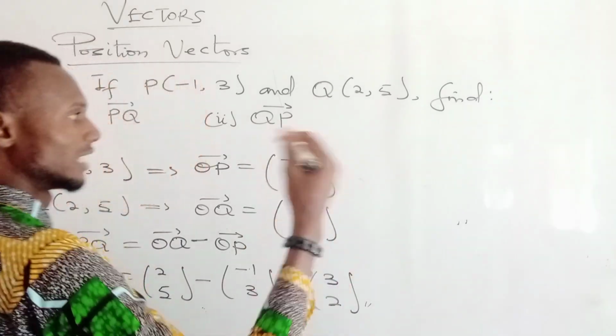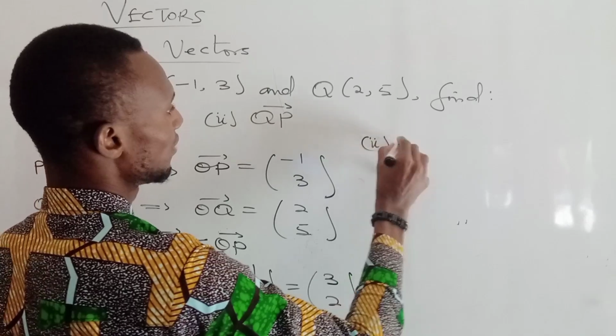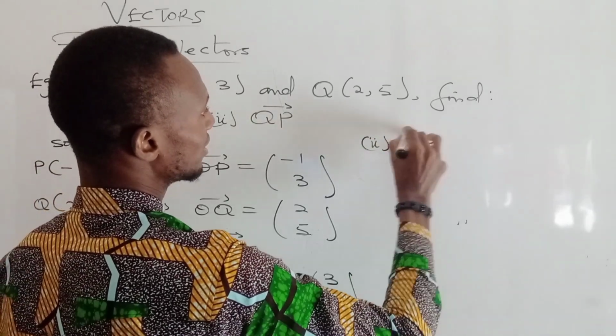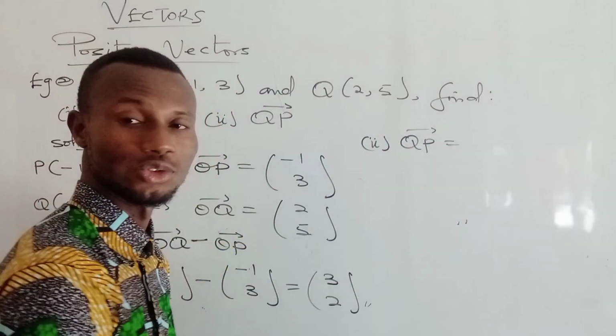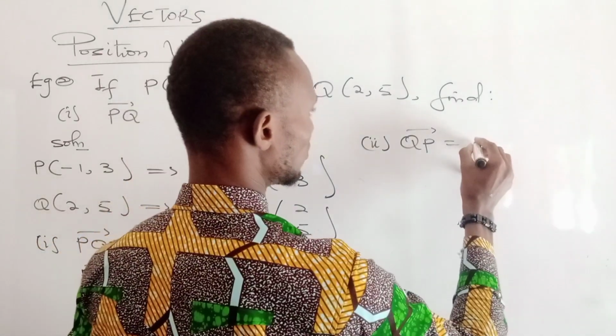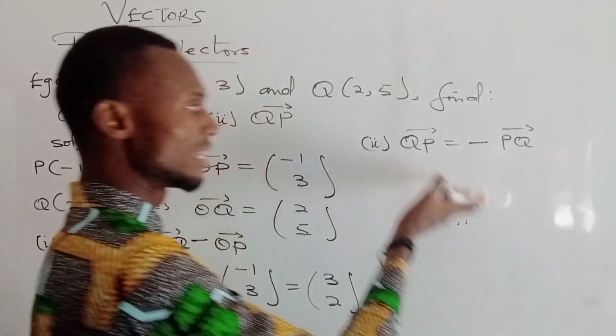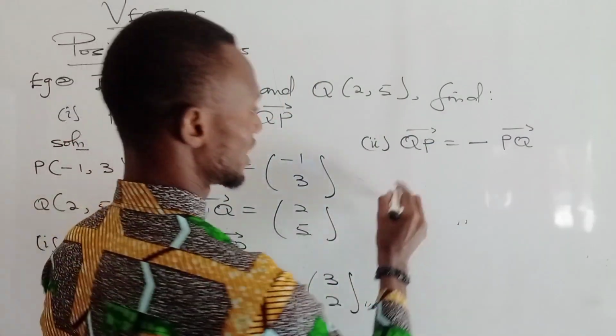So let me go ahead and do that. For part II, we have to find QP, which will be equal to the negation of PQ.